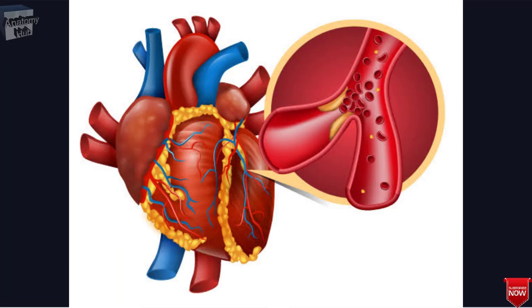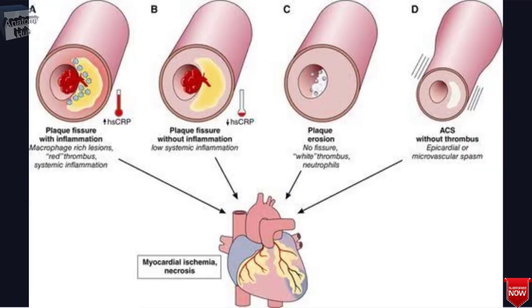So, coronary heart disease can result in reduced blood flow to the heart as a result of narrowing or blockage of the coronary arteries. This may be due to atherosclerosis, thrombosis, high blood pressure, diabetes, or smoking.